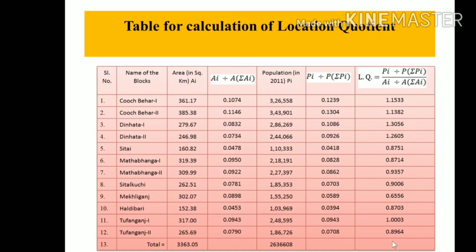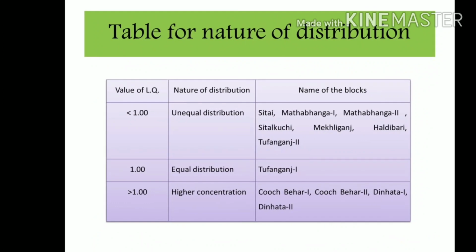The value of location quotient which is less than 1 is categorized as unequal distribution, the value of location quotient equal to 1 is categorized as equal distribution, and the value of location quotient which is more than 1 represents the higher concentration of distribution.